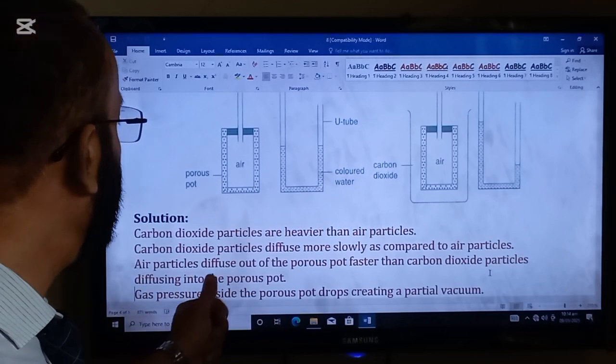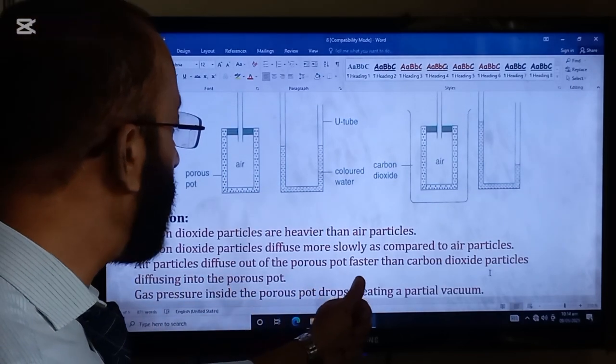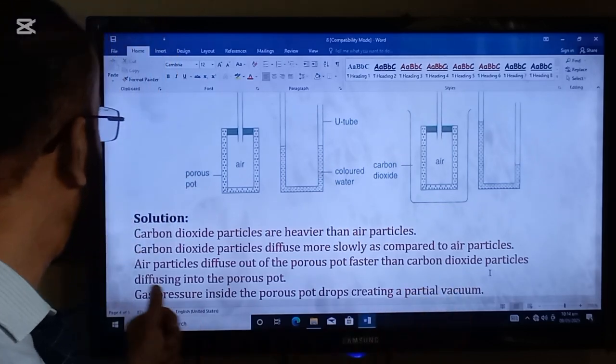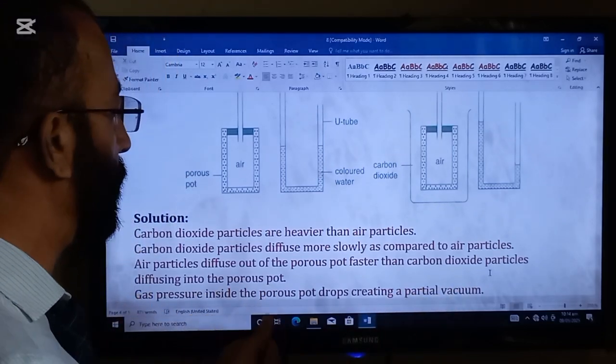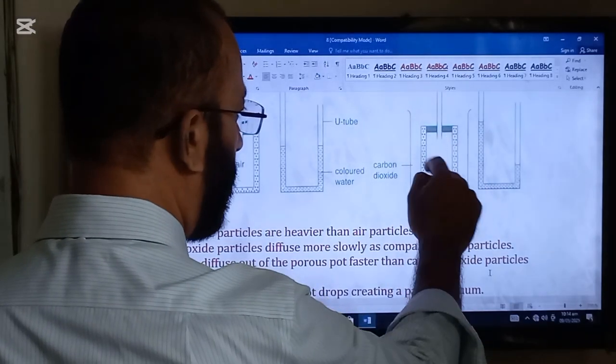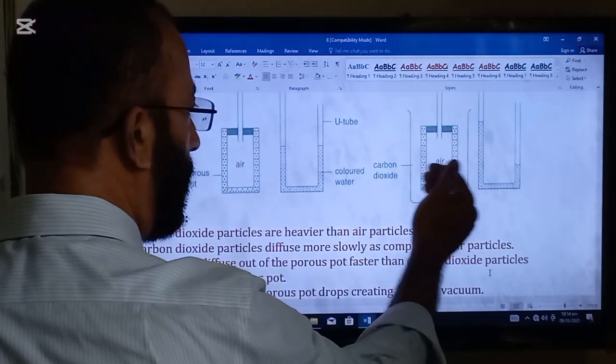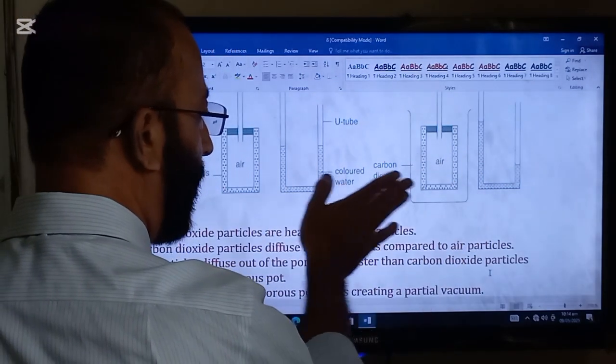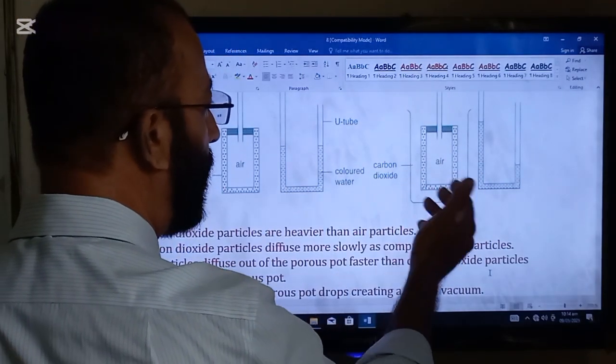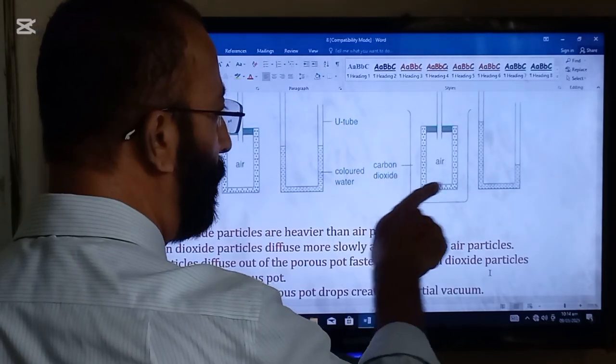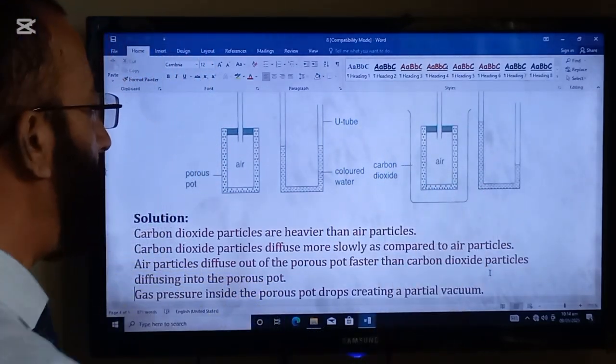Air particles diffuse out of the porous pot faster than carbon dioxide particles diffusing into the porous pot. So air particles will diffuse faster than carbon dioxide, but carbon dioxide being heavier than air will diffuse slowly.